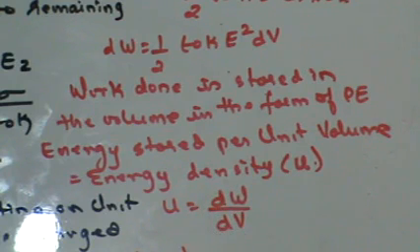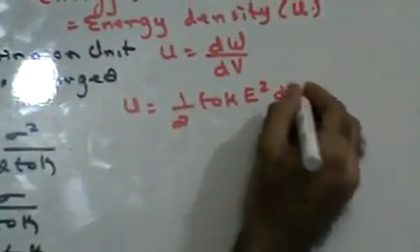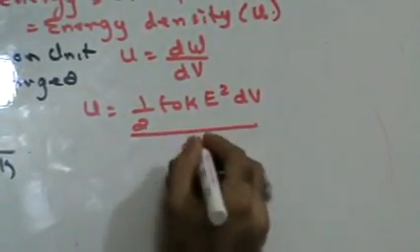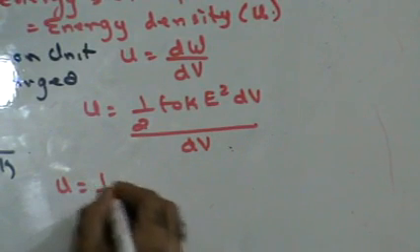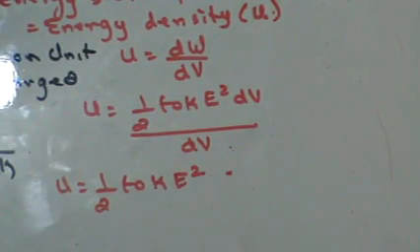Work done we just found out as half epsilon 0 k E square dV upon dV. Therefore, I can say energy density is half epsilon 0 k E square.